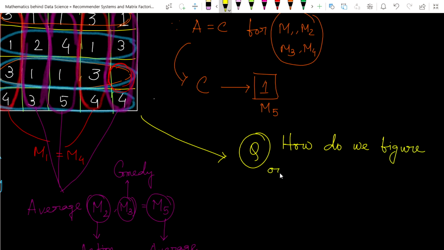How do we figure out all these dependencies for a large matrix?